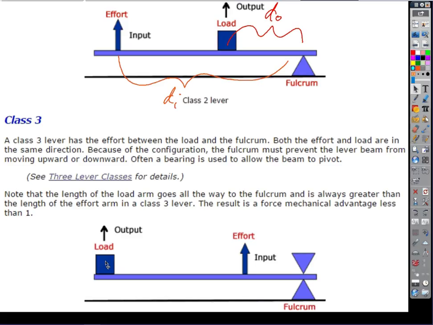Is there a class where the effort is directly on the load? Well, either one of those technically could be. It would be the same thing. It would be 2.5, if the effort was right next to the load.